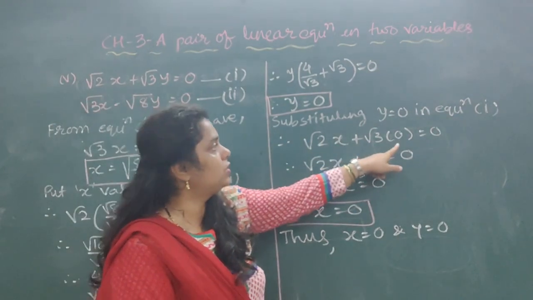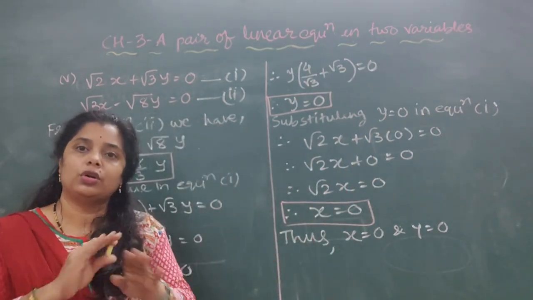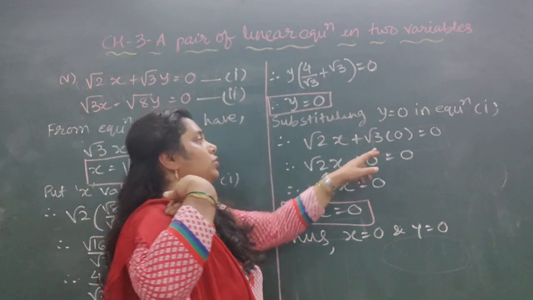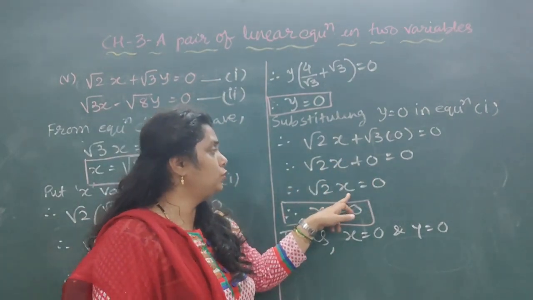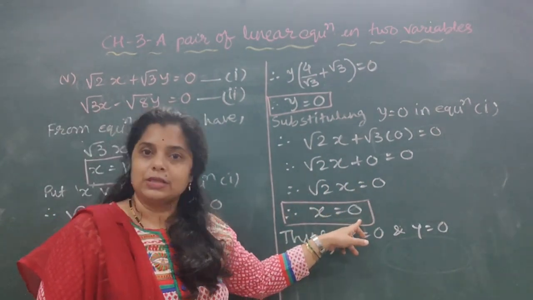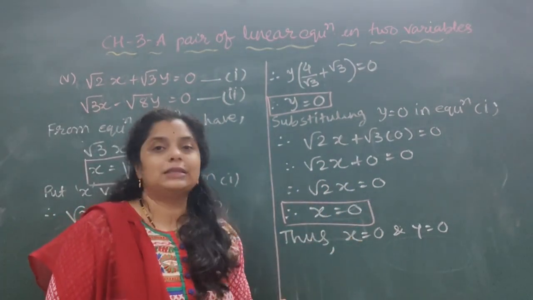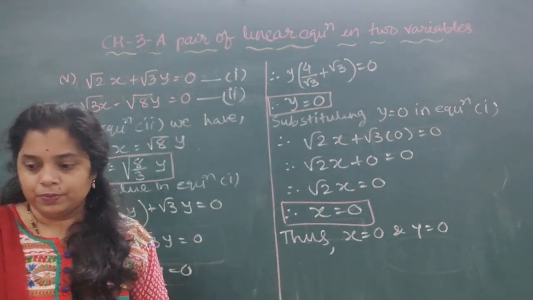If I put 0 here, any number multiplied by 0 is 0. So root 3 into 0 is 0, and therefore root 2x is equal to 0, which means x is equal to 0. So both values, x and y, are 0.